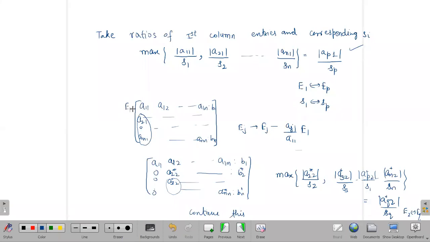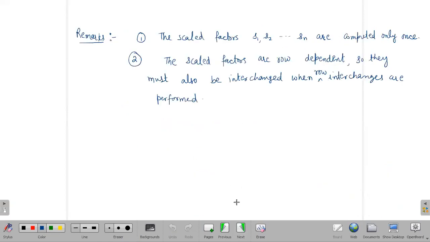Actually it was the pth row. So if you are changing your row, then the scale factor will change, because in this row now SP is the largest element, not S1. So these are some remarks related to the scaled partial pivoting.